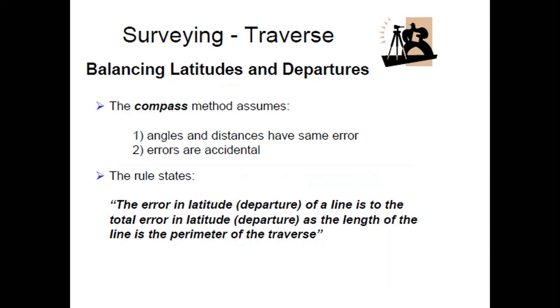The rule states the error in latitude or departure of a line is to the total error of the latitude or departure as the length of the line is to the perimeter of the traverse. From this statement, we can generalize it as an equation.